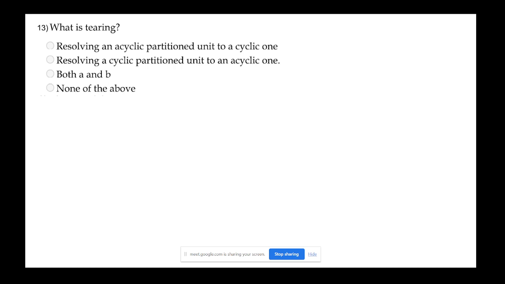Next question is about tiering. So what does tiering mean? I had explained tiering at the start of the lecture, when I was giving you the brief of the lectures. So when do you use tiering? When you have recycling in the process.